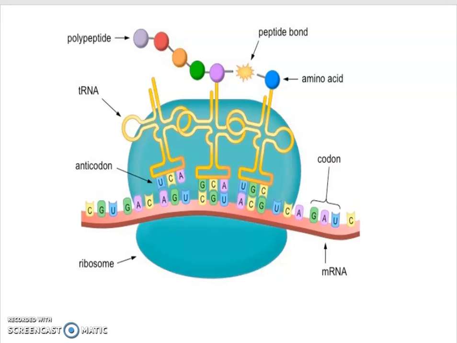So if we look at this diagram here, again, we can see much the same thing. You've got the idea of the anticodon and the codon. So here we've got the P site, and as you can see here, the P site allows the peptide bond to form when the A site is also occupied. When we form that bond, this is broken, and you can see what's happening here. There's no amino acid, it's already been bonded.